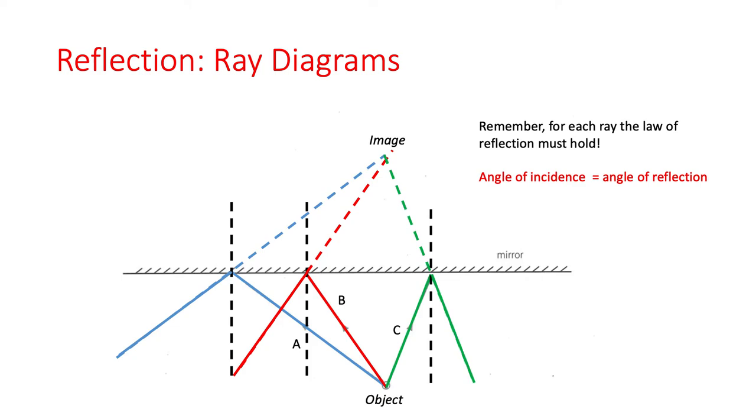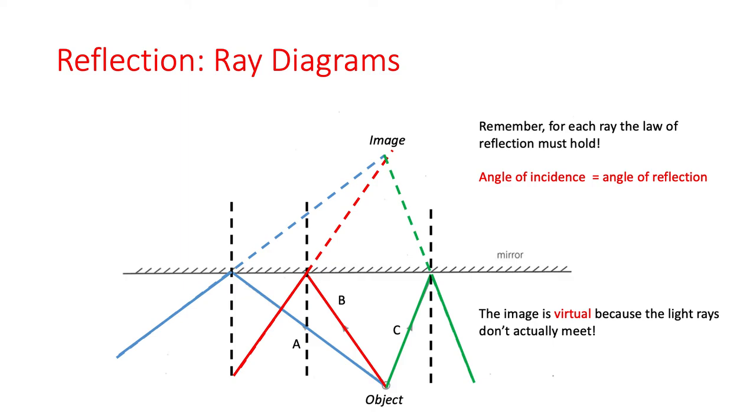Now, one small thing that gets students confused about is that this image is referred to as a virtual image. For this, we need to think about that trick that our eye plays on us. Remember, the light rays don't actually meet each other. They just appear to be coming from that point. So if we placed a screen, a piece of paper, for example, behind that mirror, we wouldn't see anything.